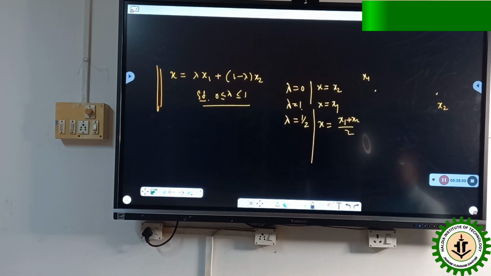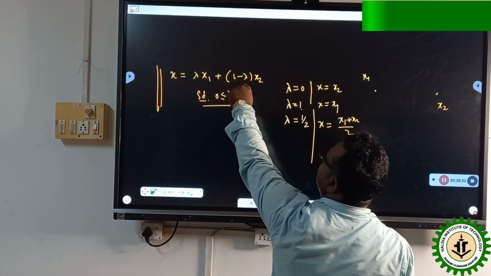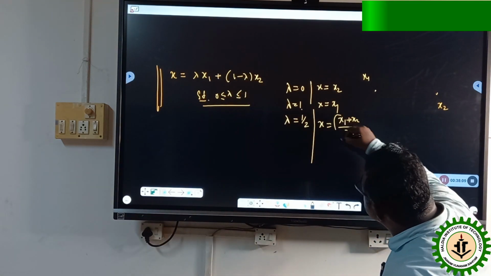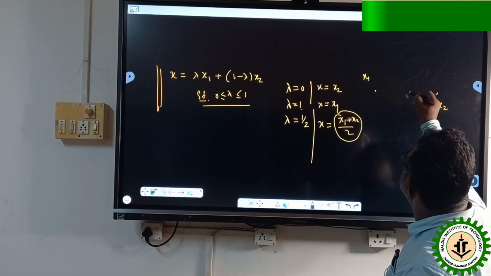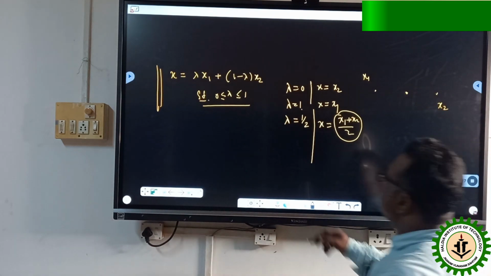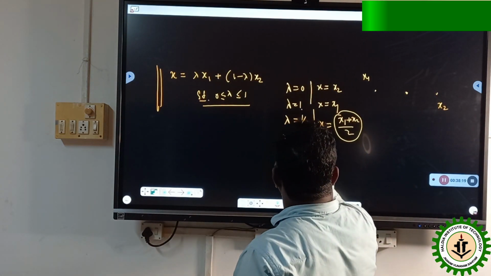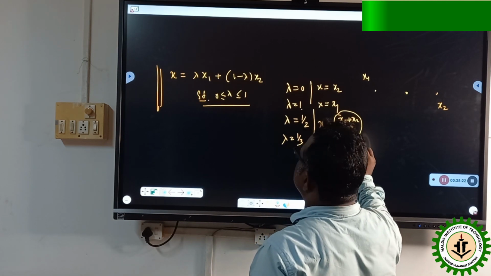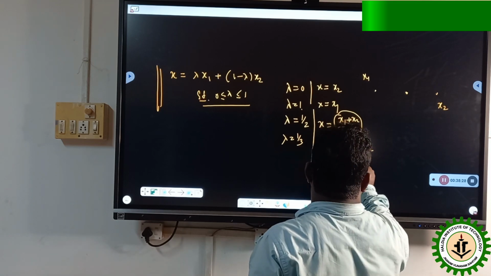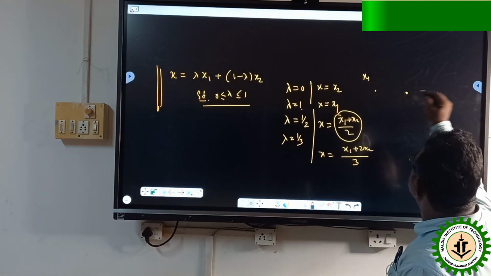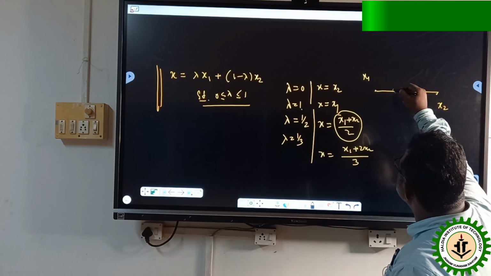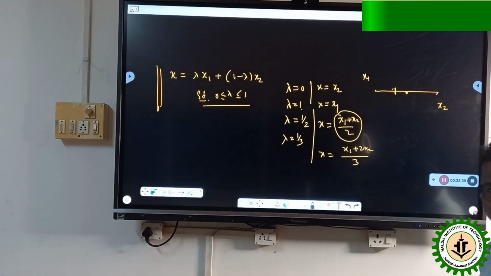You can see 1 by 2 into x1 plus 1 minus 1 by 2, once again 1 by 2, into x2. So this is nothing but the middle point of x1 and x2. If you put lambda equal to 1 by 3, you get x equal to (x1 plus 2x2) by 3, the point dividing the line segment x1 x2 in the ratio 2:1.